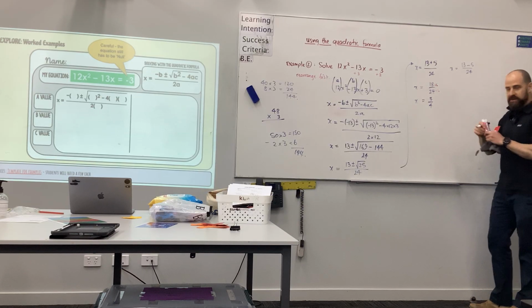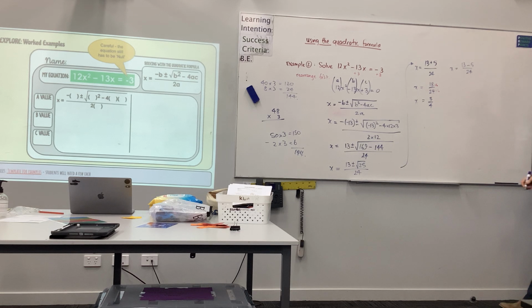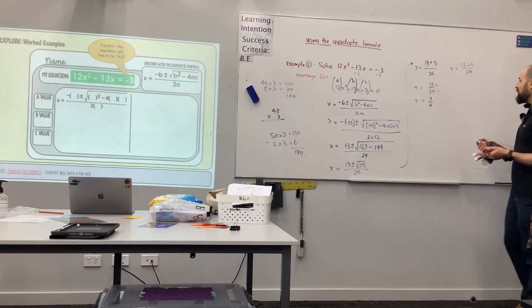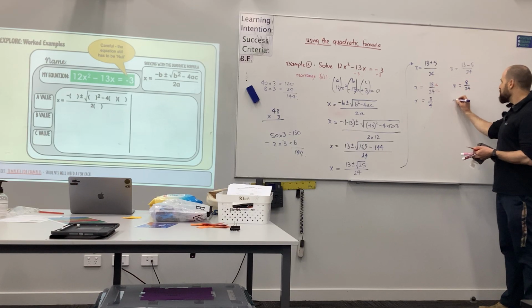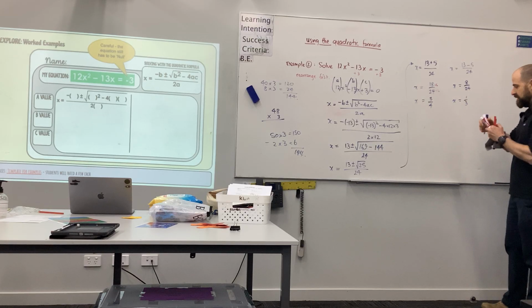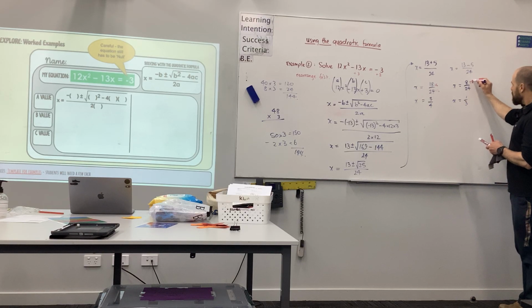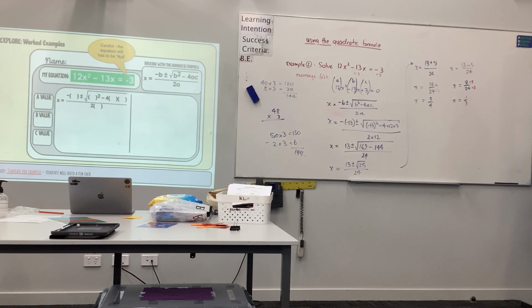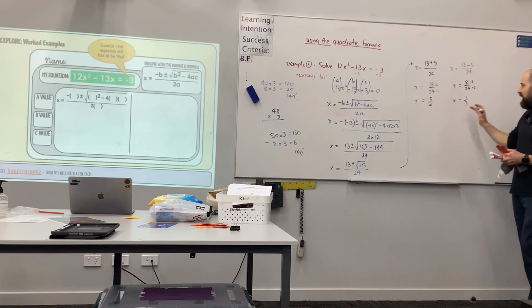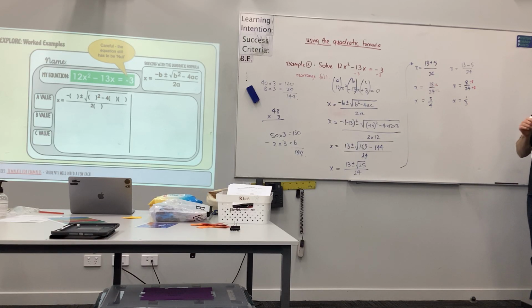See how knowing your times tables and being good with your times tables is going to increase your speed and accuracy. And then 13 take 5 is 8, and 8 over 24 is the same as 1/3. I've divided that by 8, divided that by 8, because I know my factors, I know my times tables. And my two answers are x equals 3/4 and x equals 1/3.